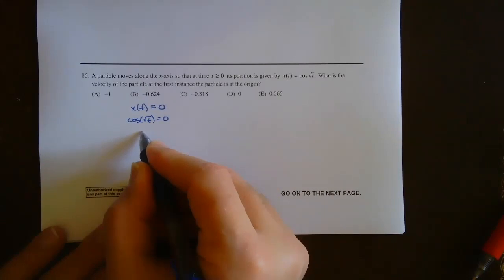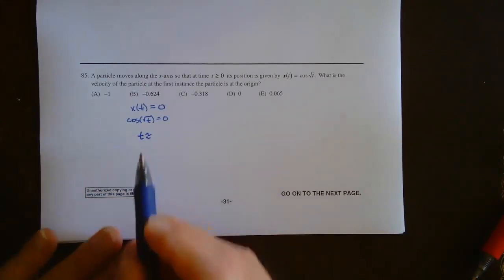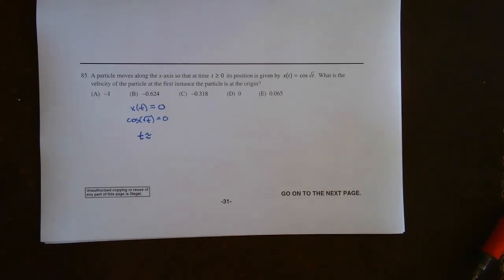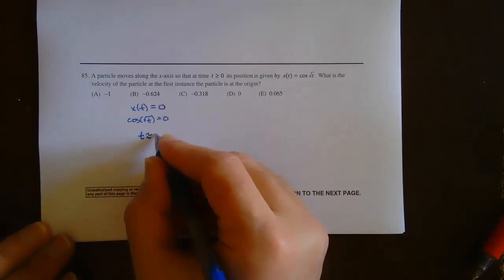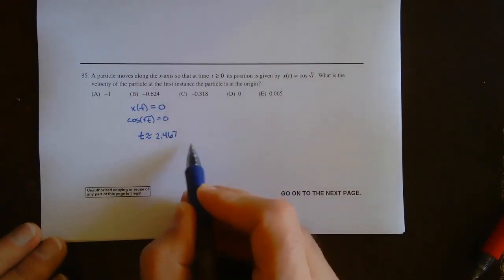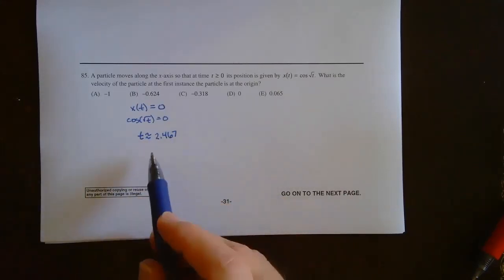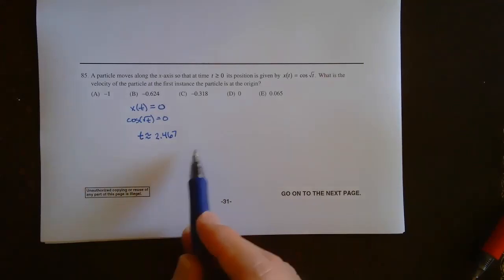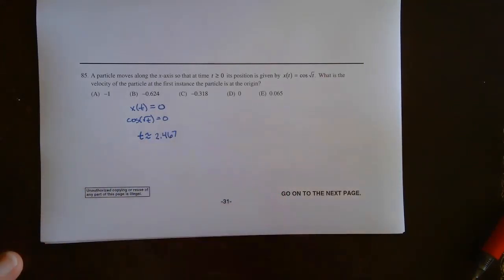And then you got to give me the t value, and the t value was 2.467. Now it's more than that, but you can just write that. But if you do any calculations, you need to use the entire decimal that's in your calculator. So it's fine to write that, but just use the full decimal in any calculation.